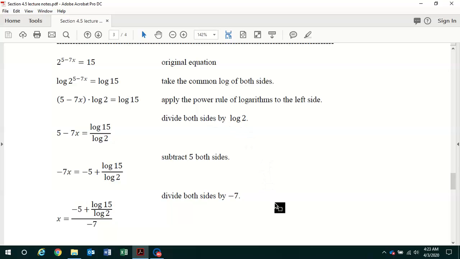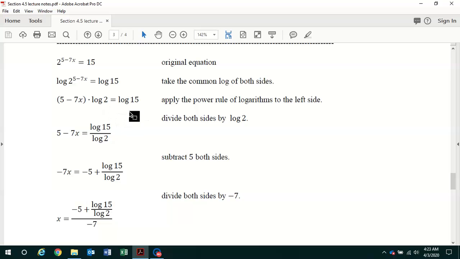And now from section 4.4, we can apply the power rule of logarithms. We have the common log of 2 to the 5 minus 7x power. This 5 minus 7x can be brought down in front of the log by the power rule, and we have 5 minus 7x times the common log of 2 is equal to common log of 15.